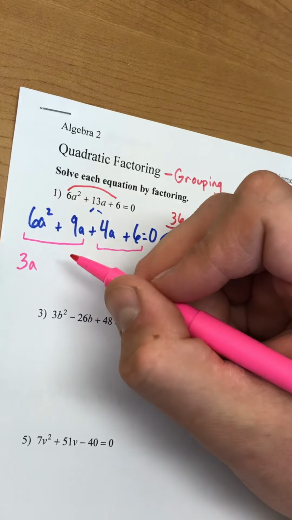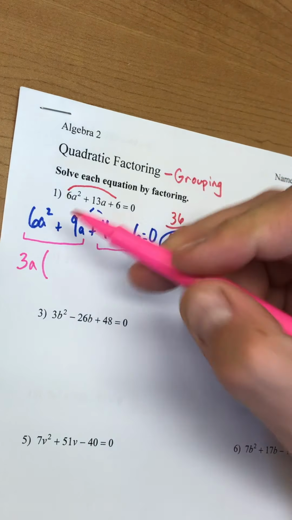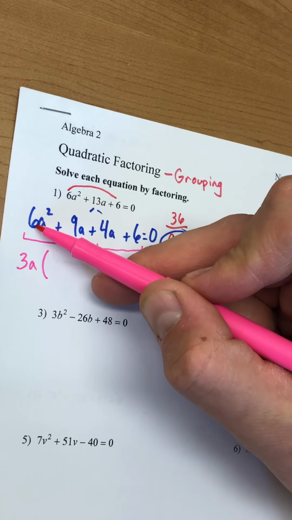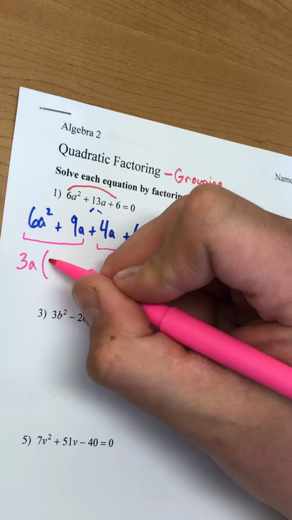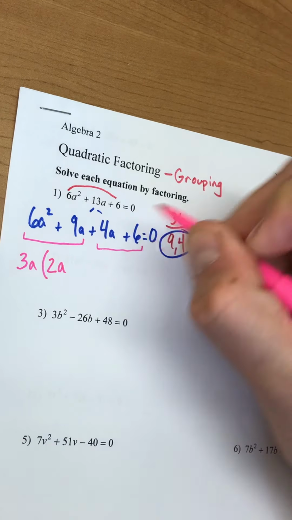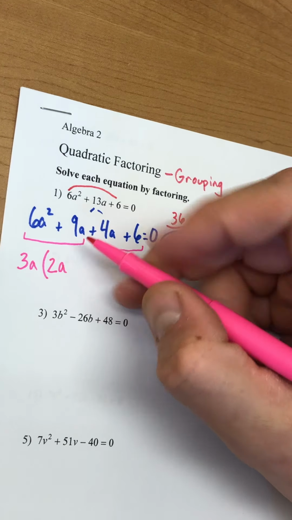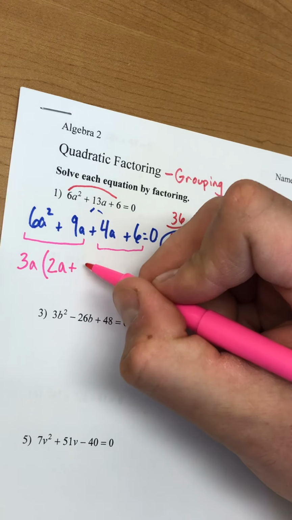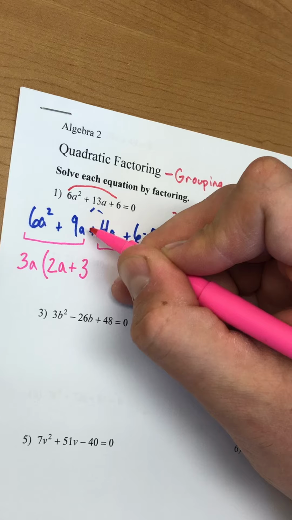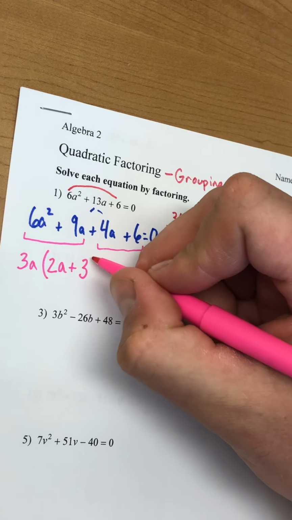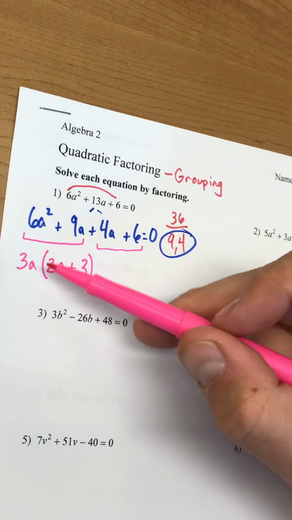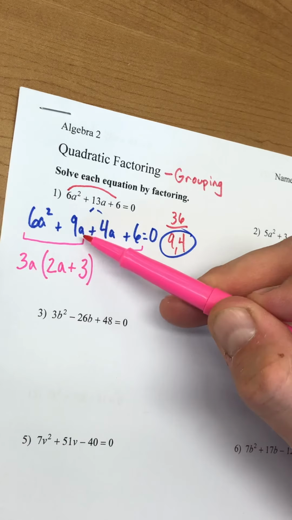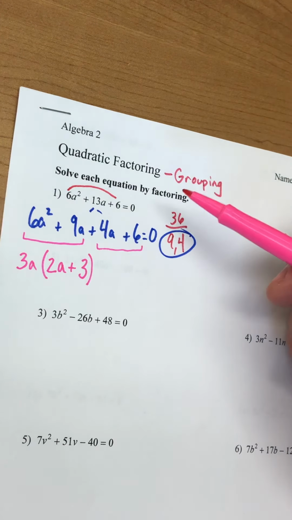Now what's left over when we do that? If I pull out an a, that's just an a. If I pull out a 3, that's going to be 2 and then an a. Right here, if I also pull out that same 3a, then I'm going to get 3 and there's no more a. I already pulled out that a. So if I were to distribute this, I would still get the same 6a squared plus 9a.